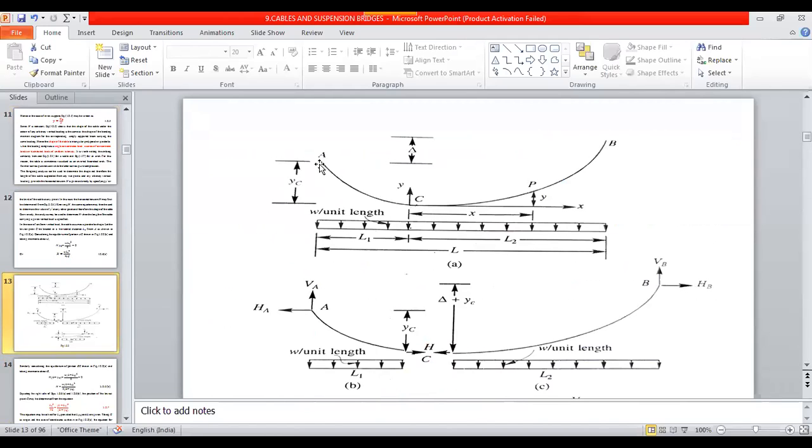Here A and B are not at the same level. You can draw A and B at the same level, with the cable like this, subjected to uniformly distributed load. The span is given as 20 meters. From A to B is 20 meters, and mid span at 10 meters, the ordinate YC is given as 4 meters at mid span. Do you understand? Like that, imagine and draw the figure.